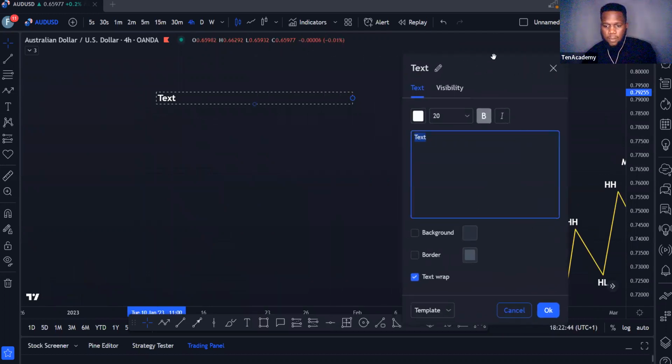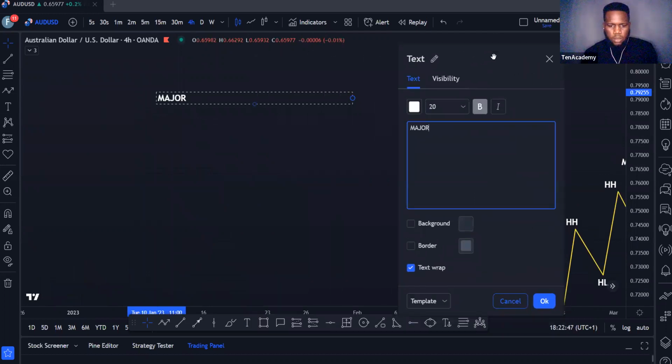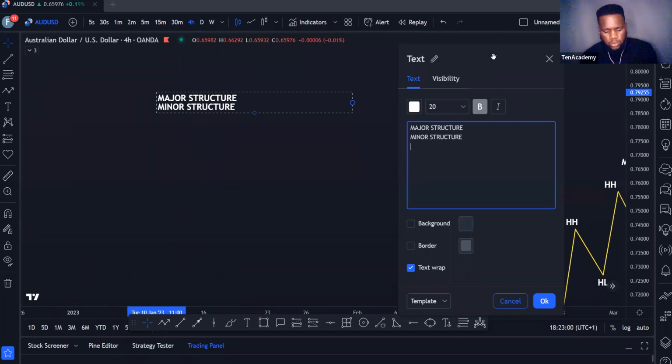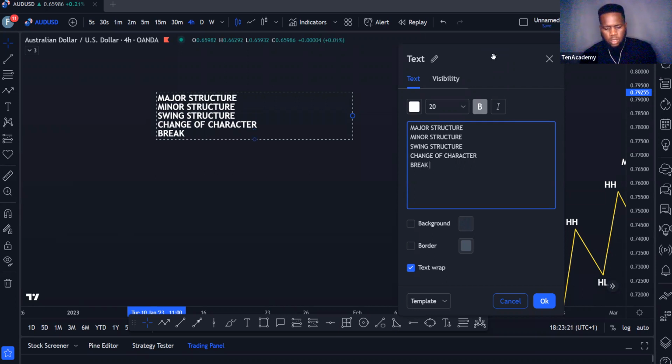In this class, I'm going to talk about major structure, minor structure, swing structure, and then we'll talk about change of character, and then we'll talk about break of structure.